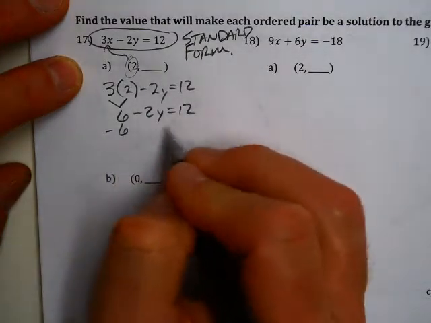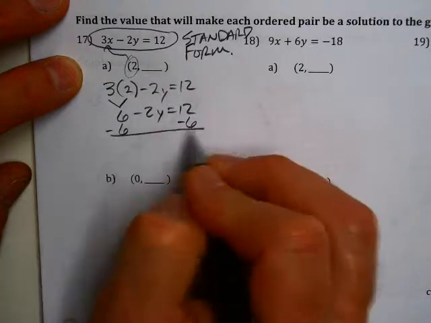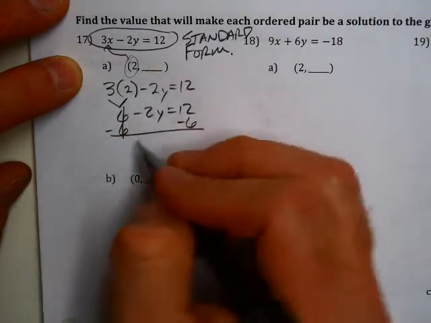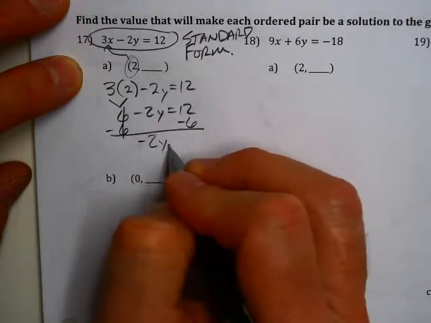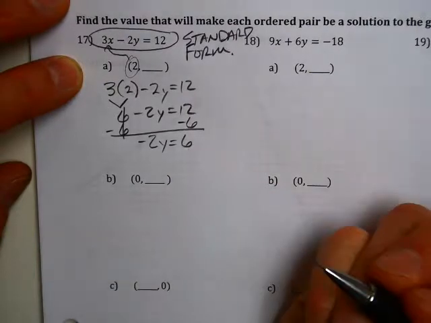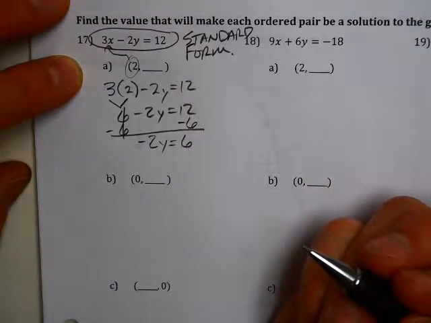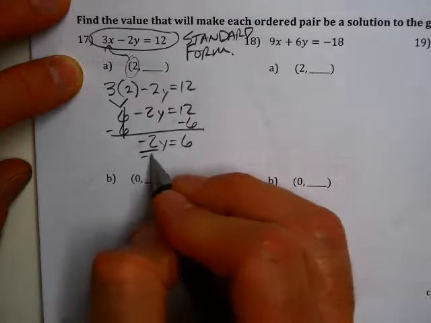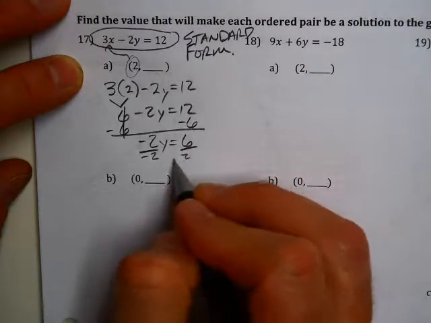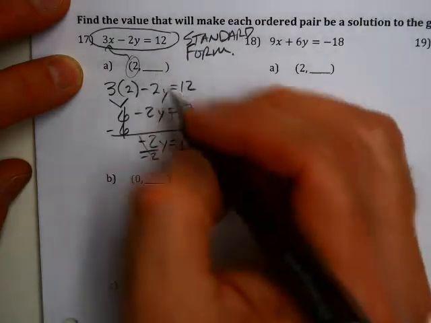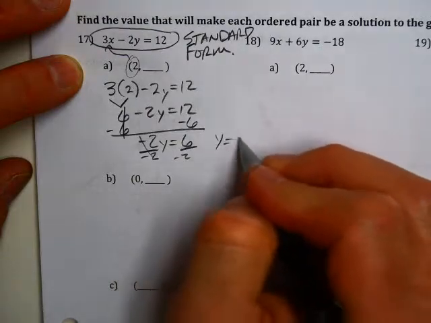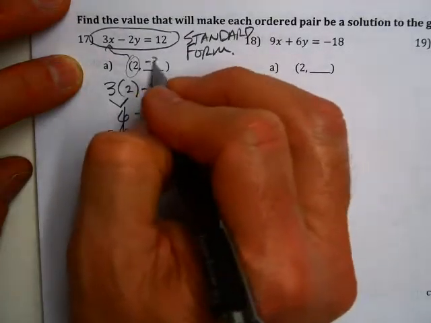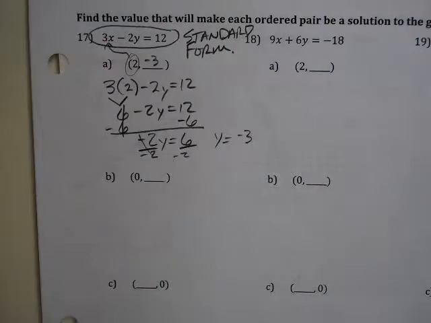And if I subtract 6, careful you don't drop the negative there, negative 2y equals 6. And if I divide by negative 2, keep working this down, I get y equals negative 3. So when x is 2, y has to equal negative 3 for this to be true.